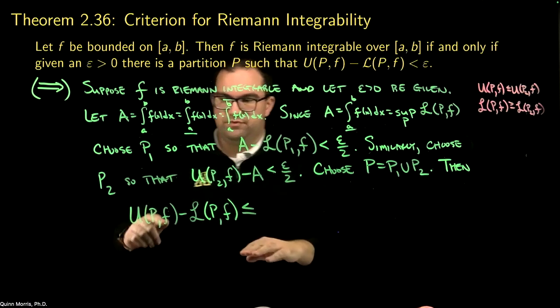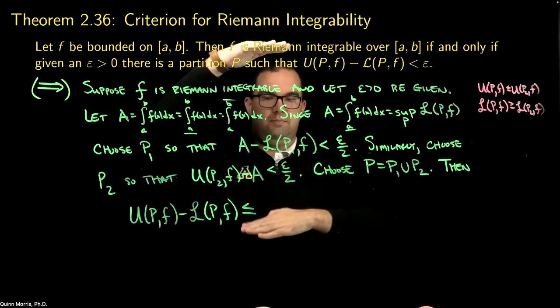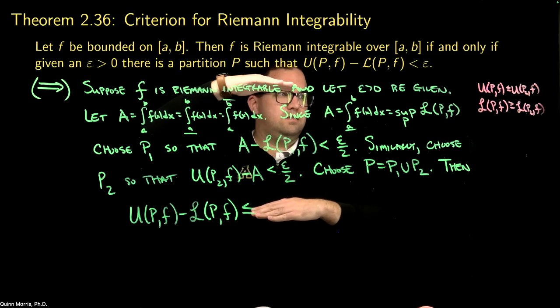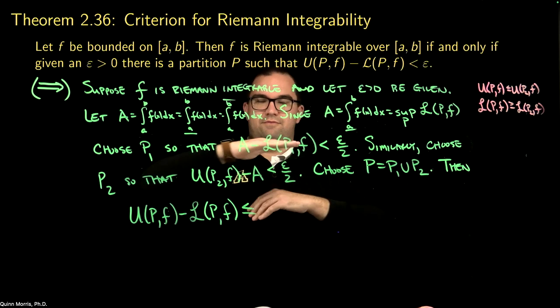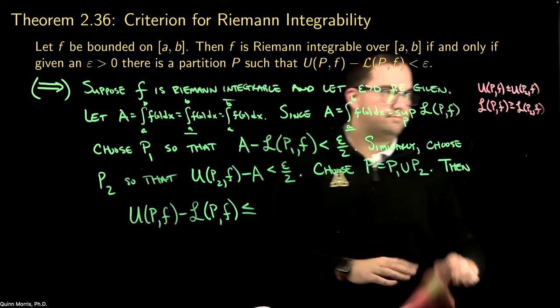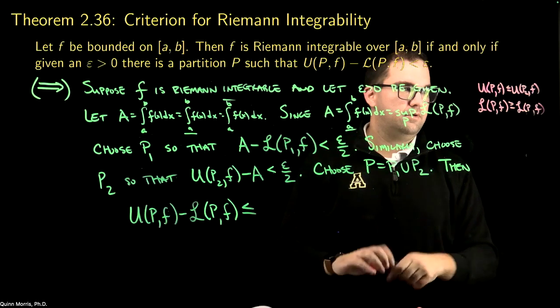If you look at this, you've got upper sum of F over P, lower sum of F over P. Now what you're going to do is swap things out, and I just realized here I wrote P2 and I should have written P1 here.